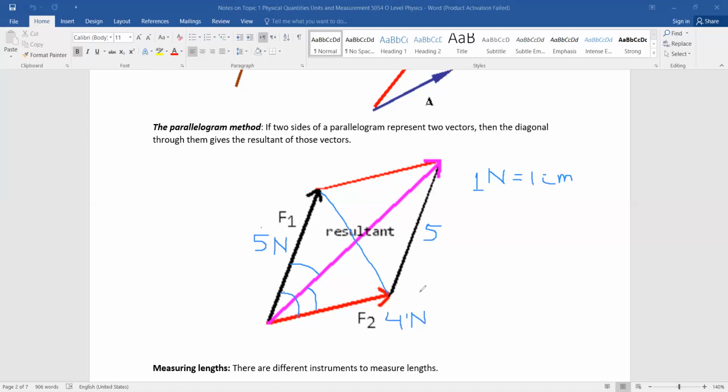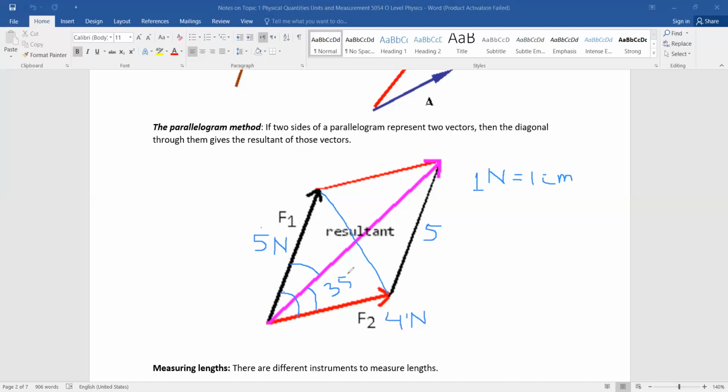For example, F2 is making maybe 40 degree, or 30. It seems quite 30 or 35. Let's see. It is 35. Okay, let's say it's 35 degrees.